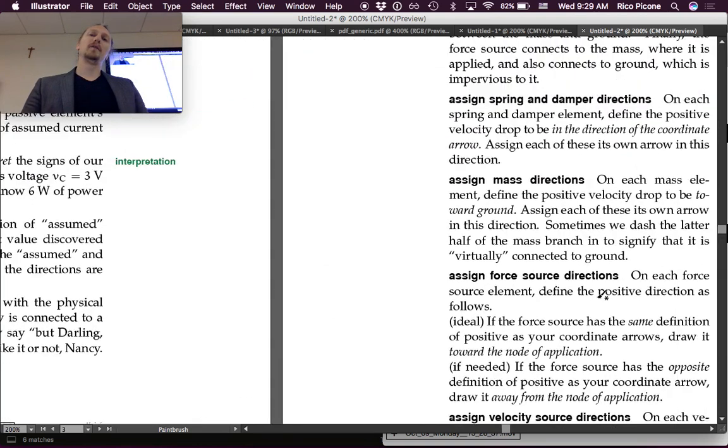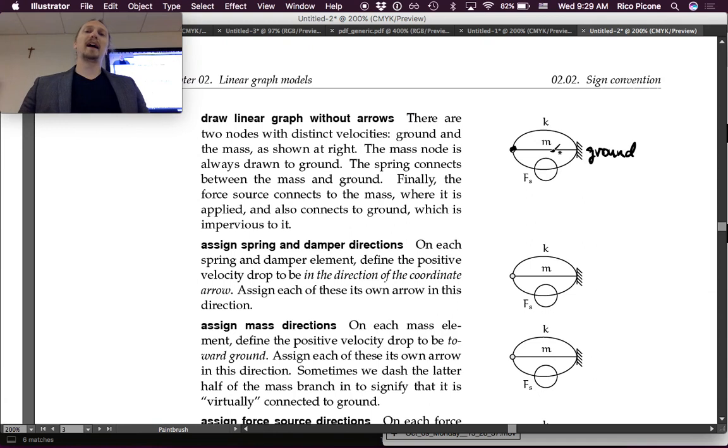So sometimes we'll dash the latter half of this line just to show that it's virtually connected to ground. But you don't have to dash it. That's just to remind ourselves that it's not a real connection. Okay, so we draw the mass from the mass node to ground.